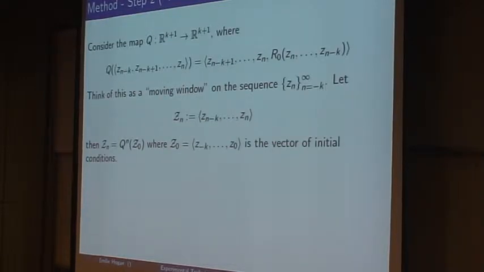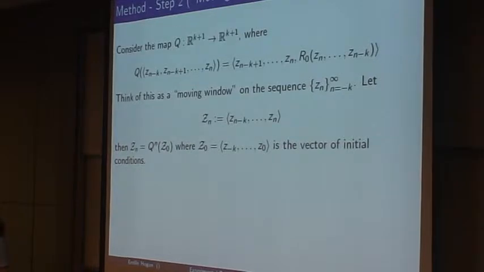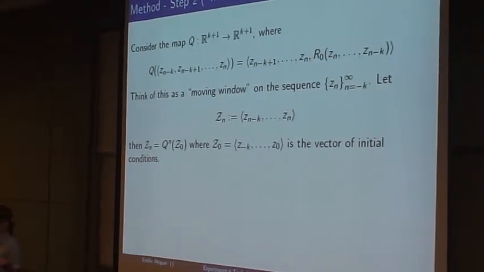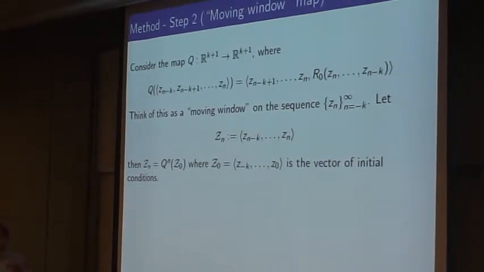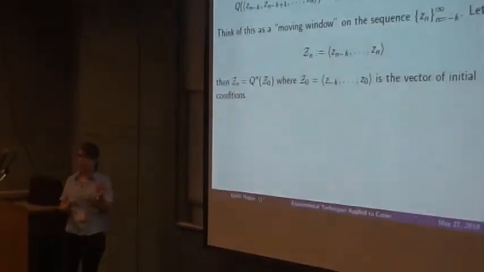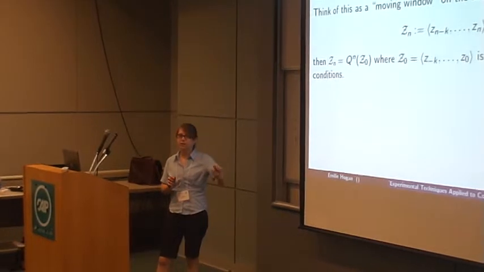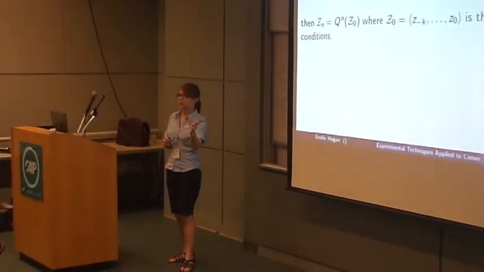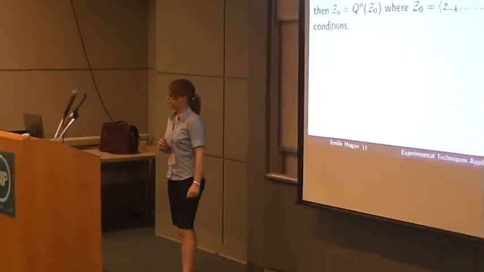All right, so the next thing is, our function f was from a vector of length k plus 1 to a scalar, and so that's not something we can iterate easily. We can't compose it with itself. So I just need a function that we can compose with itself, and that's this q function. You can think of it as just a moving window. You line up the sequence on a piece of paper. The first value is the first initial conditions, and then you just kind of inch along on this sequence.